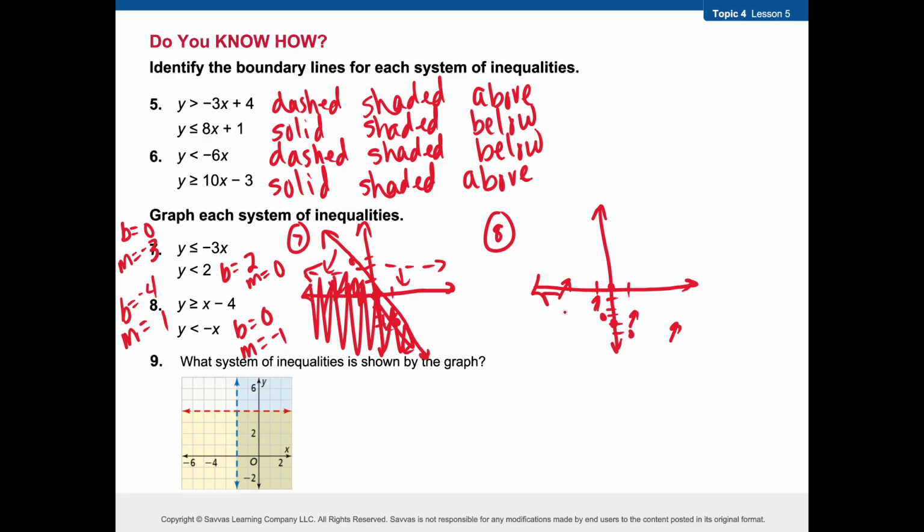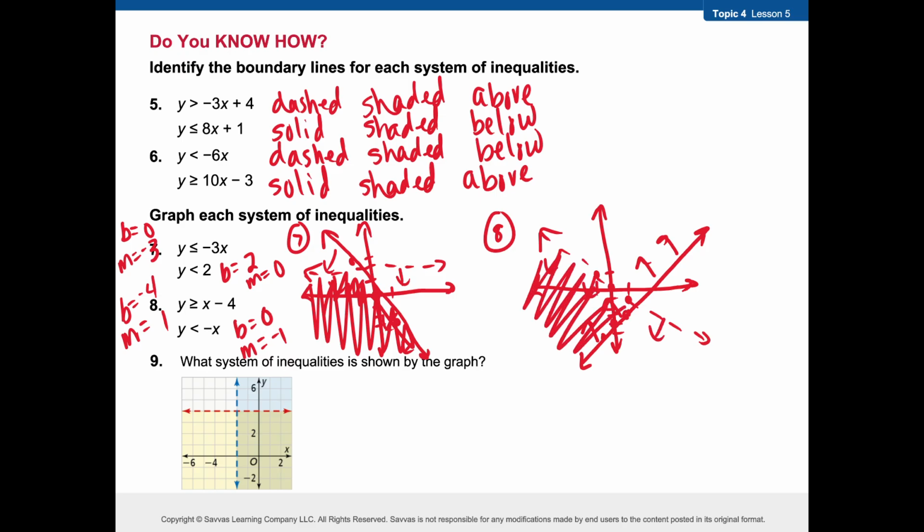This slope is a +1. My bad. So that should go the other way. My apologies. Up 1 to the right 1. Here we go. Solid line. Starting this one at 0, going down 1 to the right. This one is a dashed line. The solid one shaded above, the dashed shaded below, and both colors come into contact right in here.